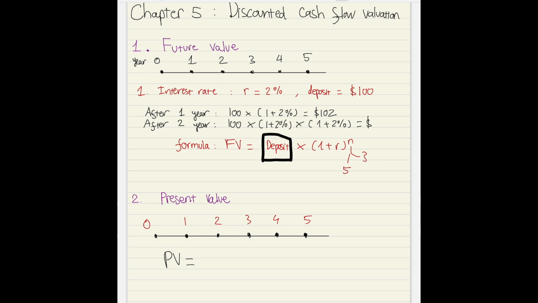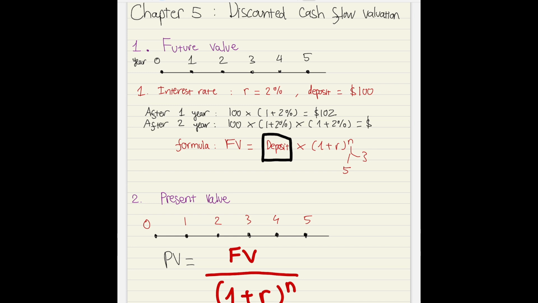So the formula is future value divided by 1 plus R to the power of n. As I just explained, future value and deposit are two similar things, so you calculate the present value by taking the future value and dividing it by 1 plus R to the power of n.